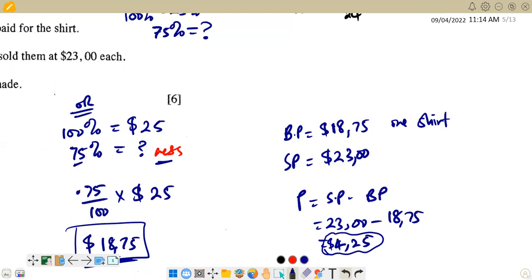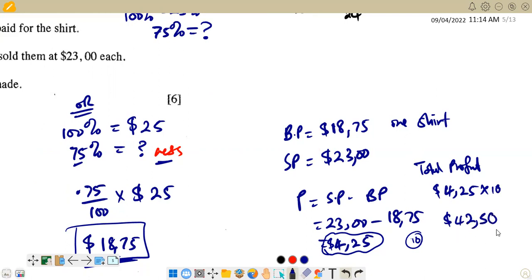Remember, we are referring to a single shirt now. We are not working with everything. It's just a single shirt that you are working with. So if this is the profit of a single share and this guy had to buy 10 of them, then what was the profit for these 10? So that is why we have to ask ourselves now, if it is 10, what is going to be the profit? So therefore the total profit will be $4.25 multiplied by 10, which is going to give us 42.5.